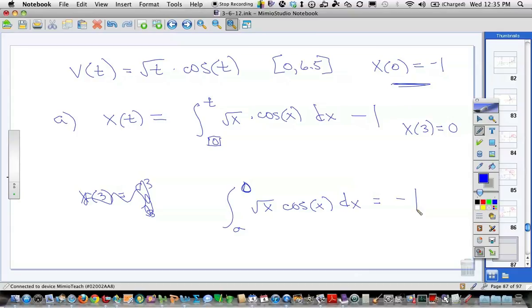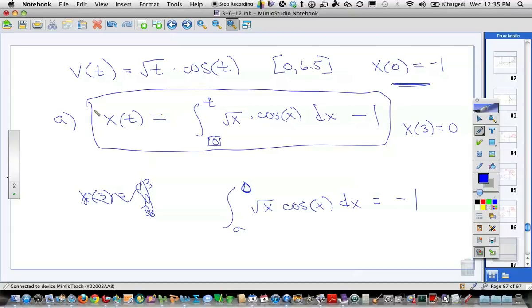Type that in, and tell it to solve for A. That comes out to like 6 point something. Then you could have just the integral from 6 point something to there. But this would be acceptable, and I like it. That's a good way to do it. So I wanted to discuss that just a little bit because that's not something we've seen a lot of, and it is something that I've seen be on the AP test quite consistently. So I wanted to look at that.